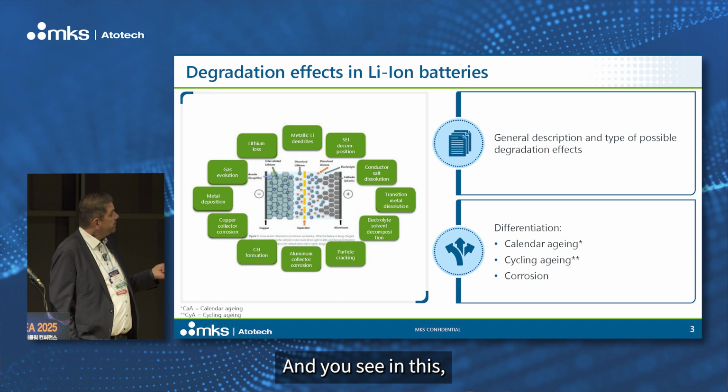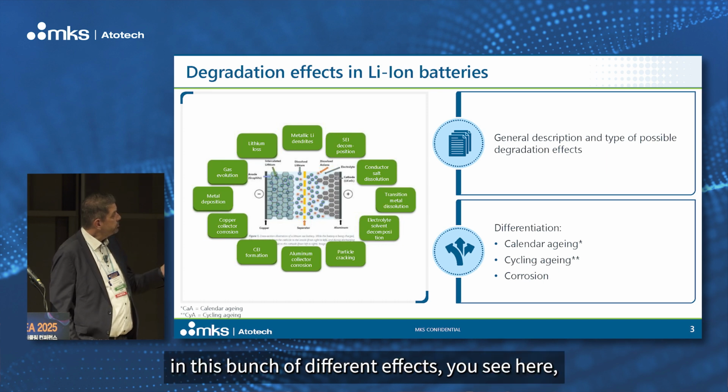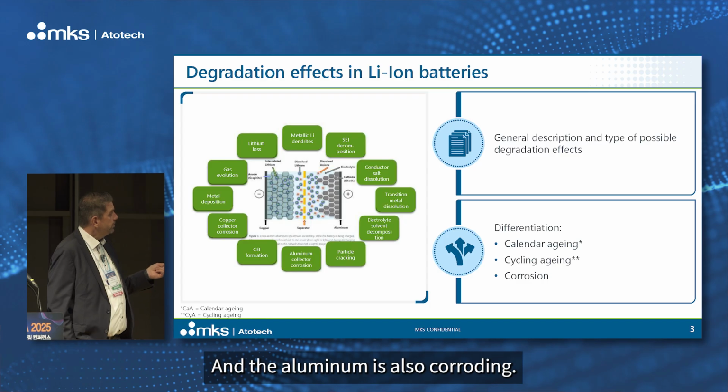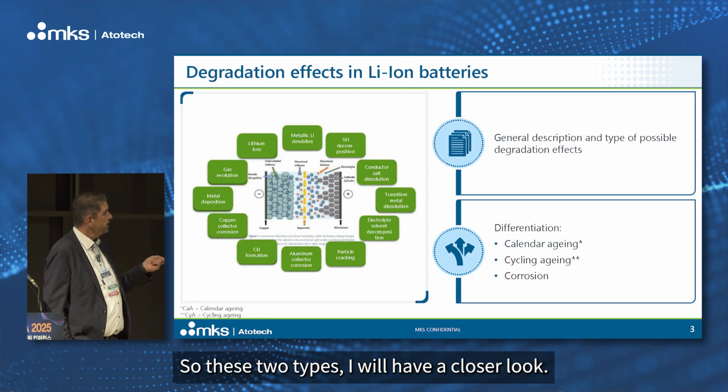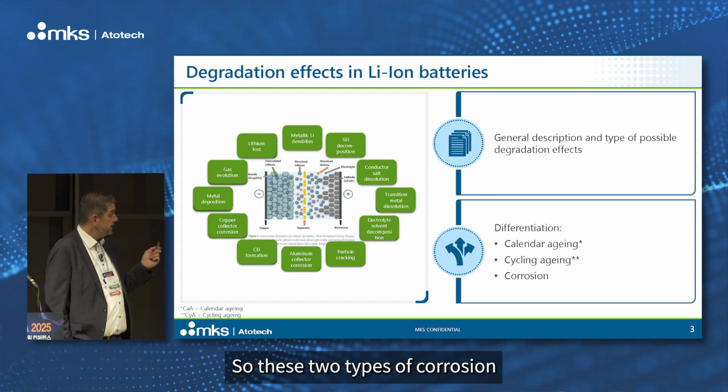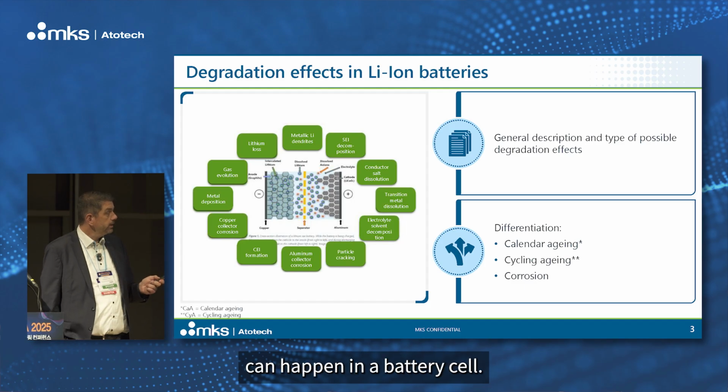In this bunch of different effects, you see here copper current collector corrosion, and the aluminum is also corroding. These two types I will have a closer look at. The other degradation effects I will not look at today. So these two types of corrosion can happen in a battery cell.